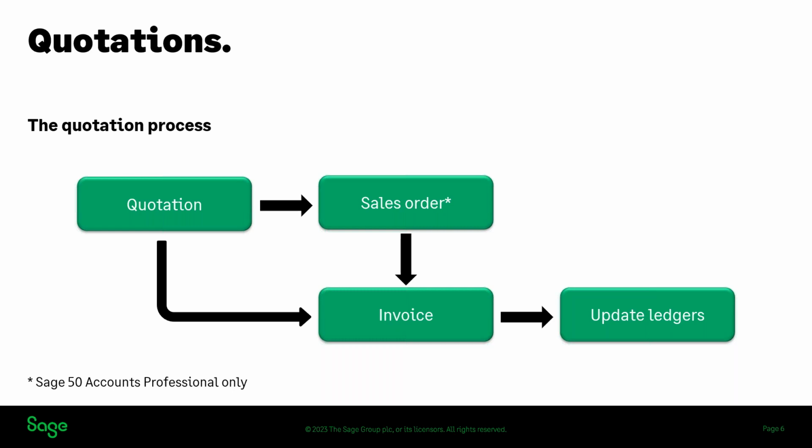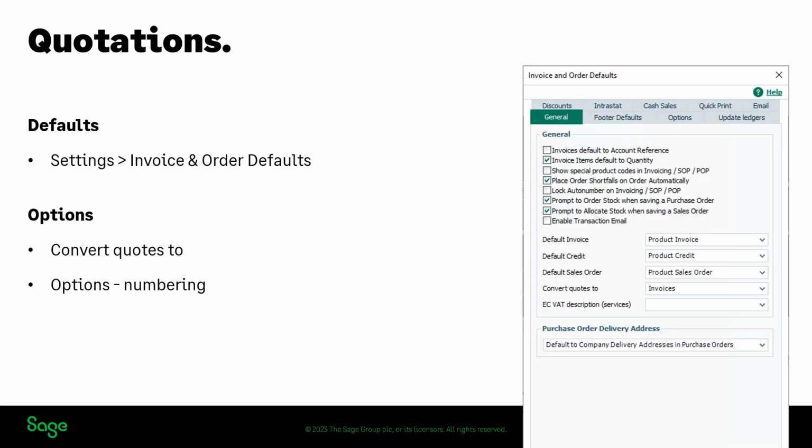Now, before we run through the process and entering it, I just want to quickly pick up on the default options, and I'll show you some of these within the software in just a moment. There are some defaults relating to quotations, and you'll find them within settings, the settings menu, and then invoice and order defaults. Or if you're on the essentials level, it'll just be called invoice defaults.